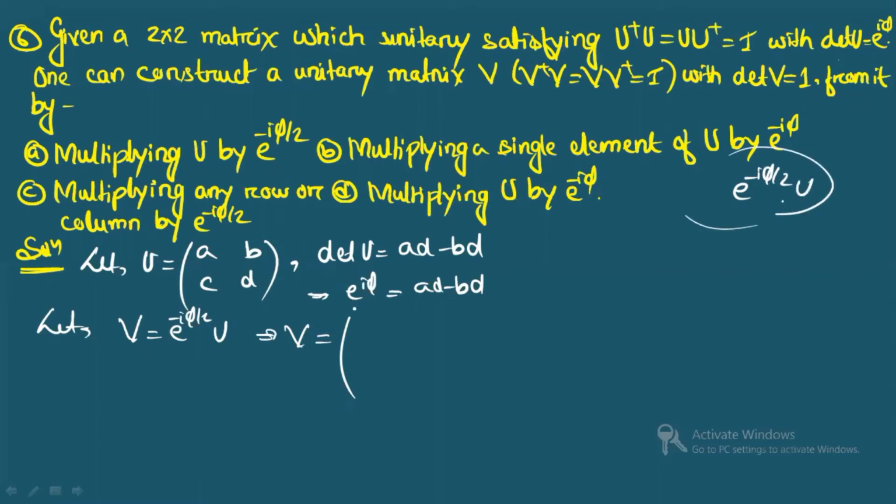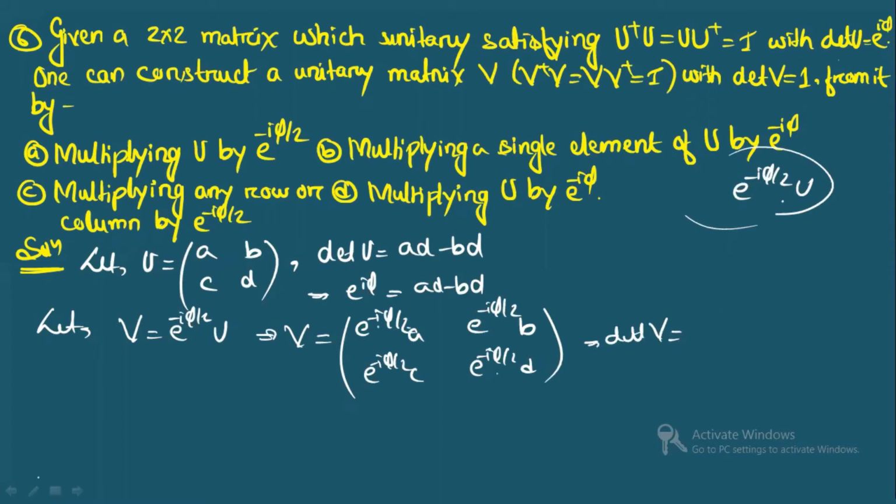So U is A, B, C, D, so V has entries e to the power minus iφ by 2 times A, e to the power minus iφ by 2 times B, e to the power minus iφ by 2 times C, e to the power minus iφ by 2 times D. Clear?